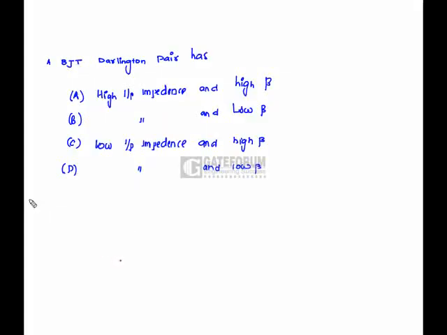Here the question is, a BJT Darlington pair has... See, before getting into the options, we must know what a Darlington pair is. Here the Darlington pair configuration is represented like this. Suppose this current is IB, this current is 1 plus beta IB.